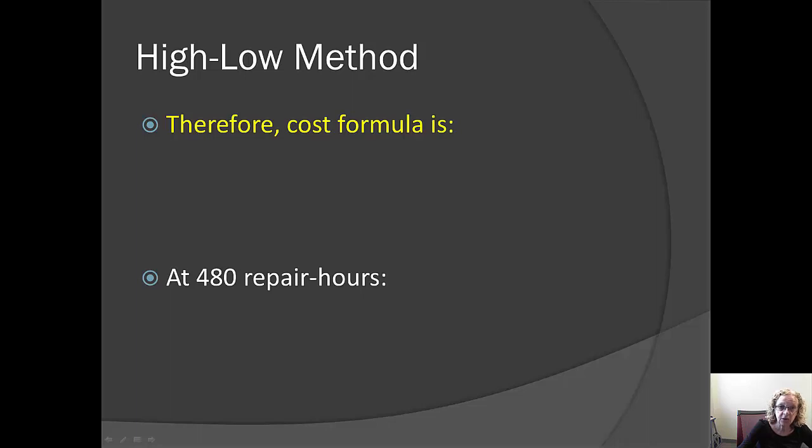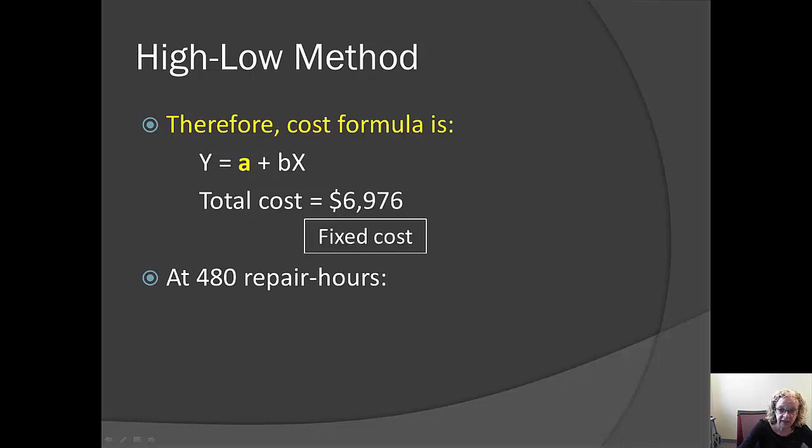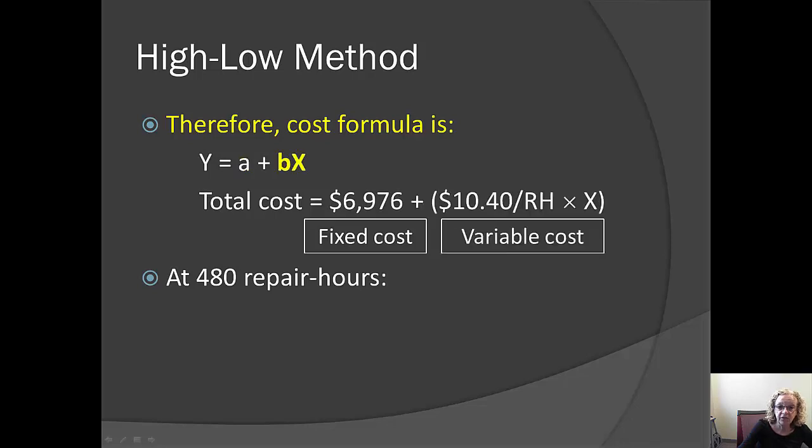The formula is going to be total cost Y is equal to $6,976, which represents the fixed portion of the cost, plus the variable cost per unit, $10.40, times X, whatever our level of activity happens to be.